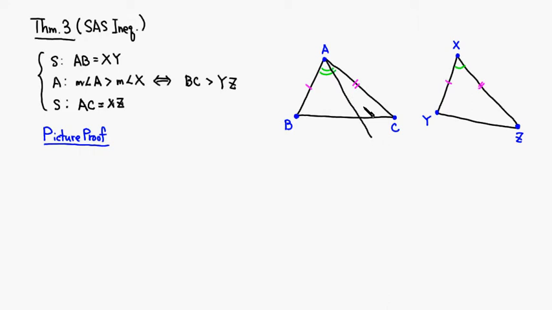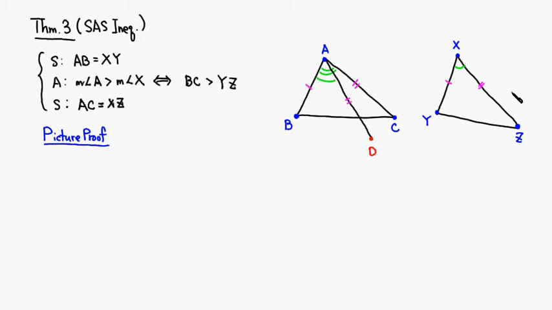Let's call this point D, such that it matches the angle there, and also has the same length as AC and XZ.